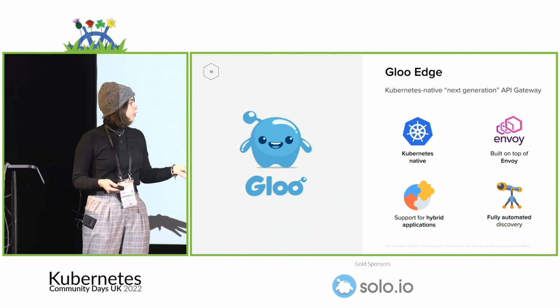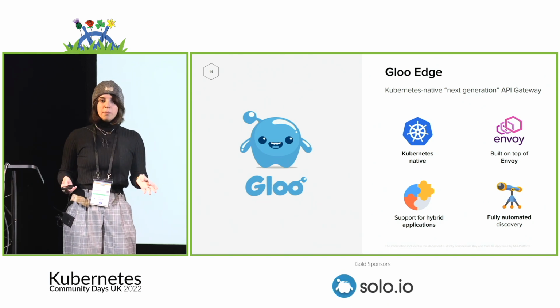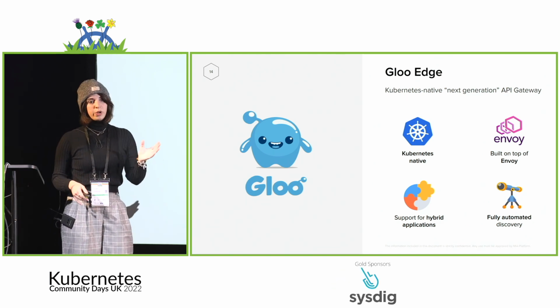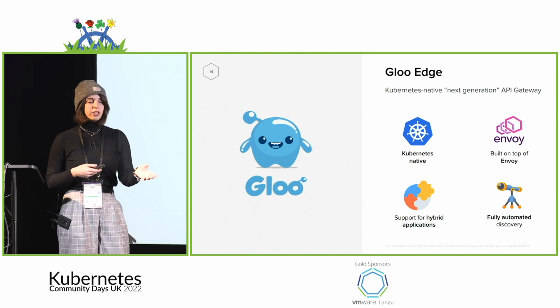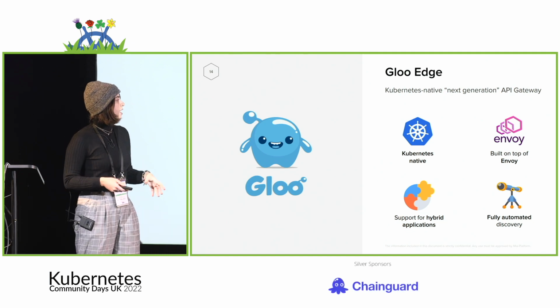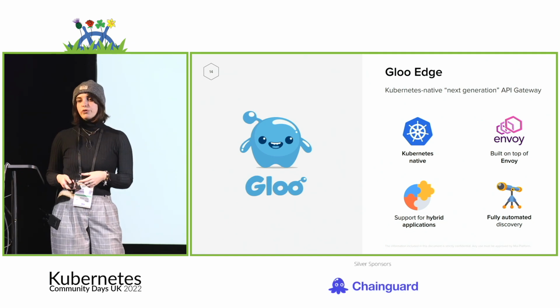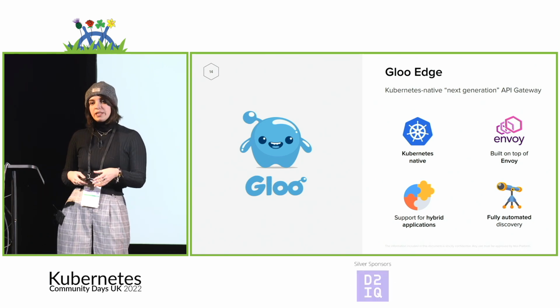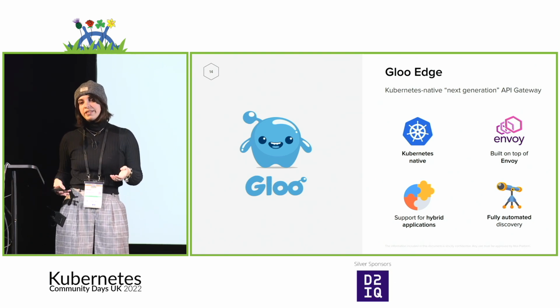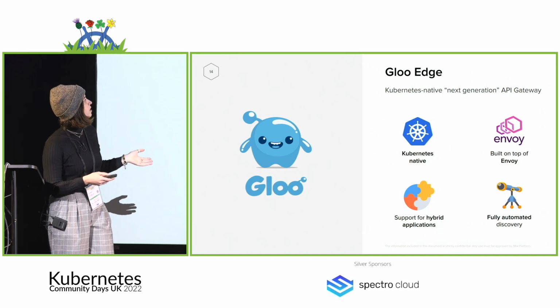It has support for hybrid applications, meaning it can be easily integrated with different technologies in our infrastructures, be they, I don't know, Kubernetes, Docker, and so on. And finally, similarly to Traefik, it has fully automated service discovery, meaning that, again, we do not have to explicitly map all the routes to the underlying services, but we can let Gloo do it for us.